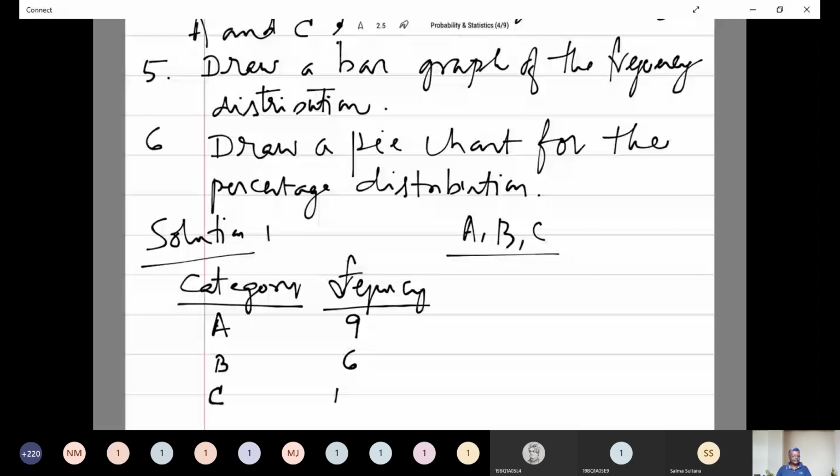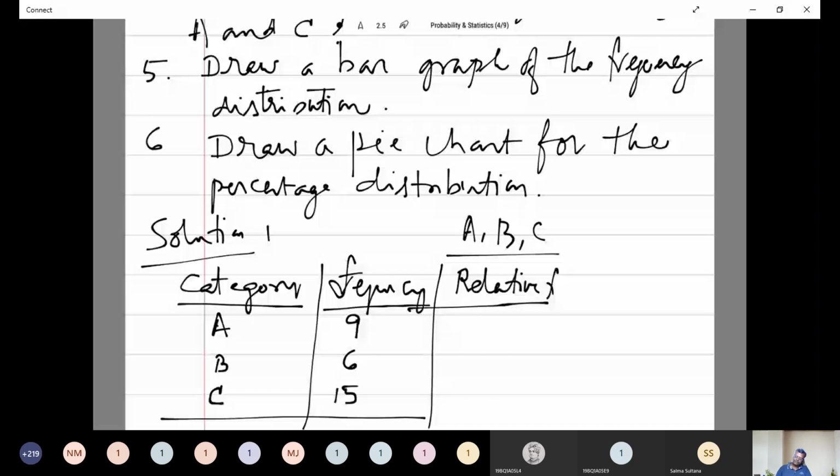This is the frequency table: category and corresponding frequency. And again, we can find the relative frequency and the next, percentage.